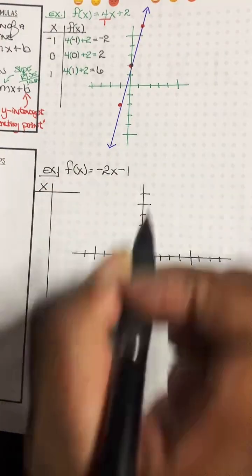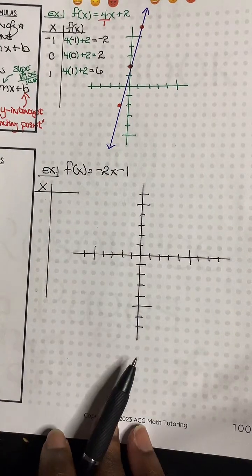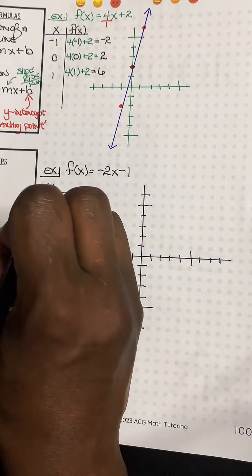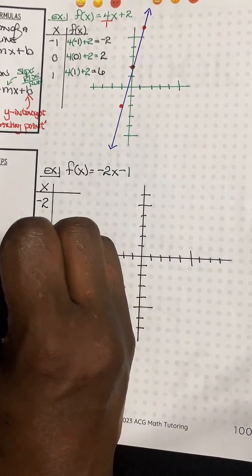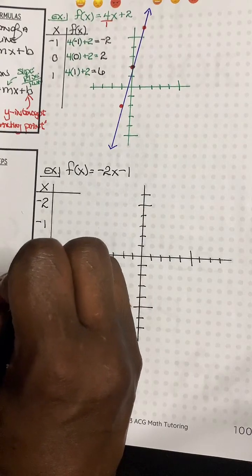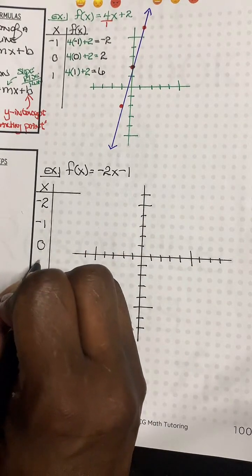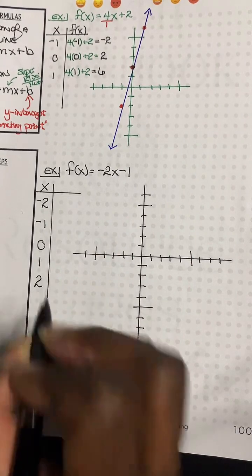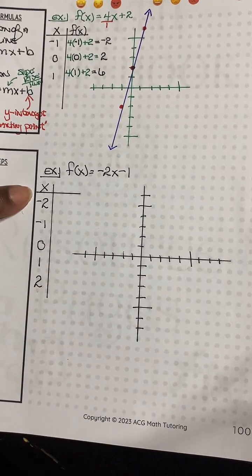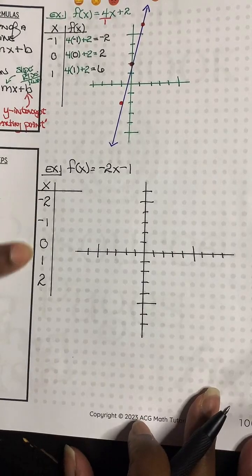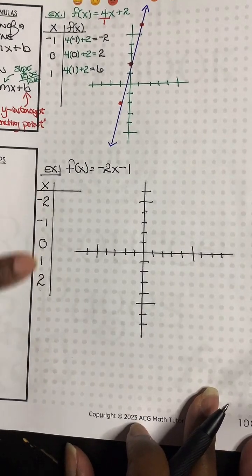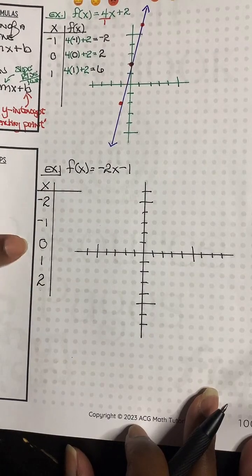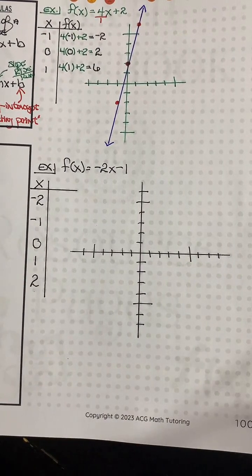All right, so we could look at it from this perspective. Let's say we'll do -2, -1, 0, and let's go with 1, and we'll see what 2 can do. I'm just picking these out because I've got a couple of negative numbers, a couple of positive numbers, and my neutral 0.